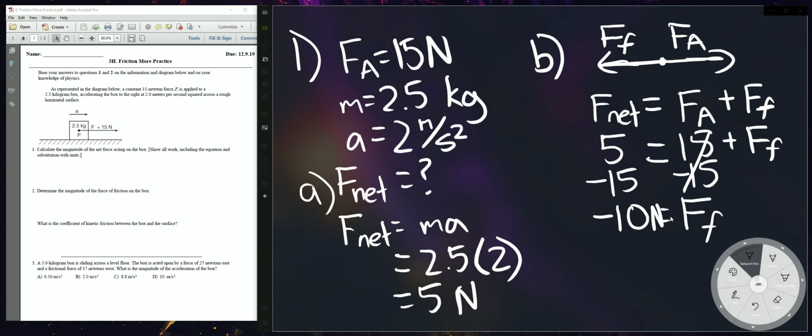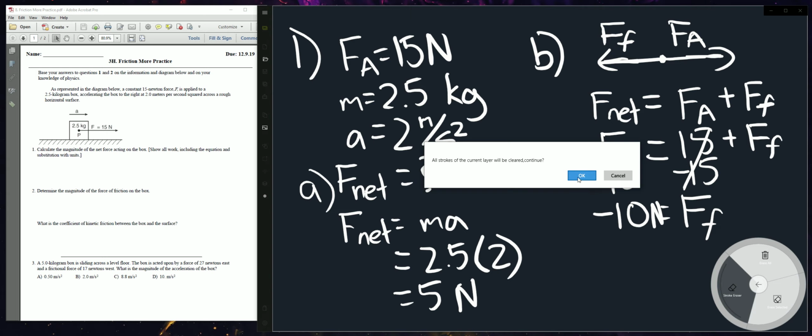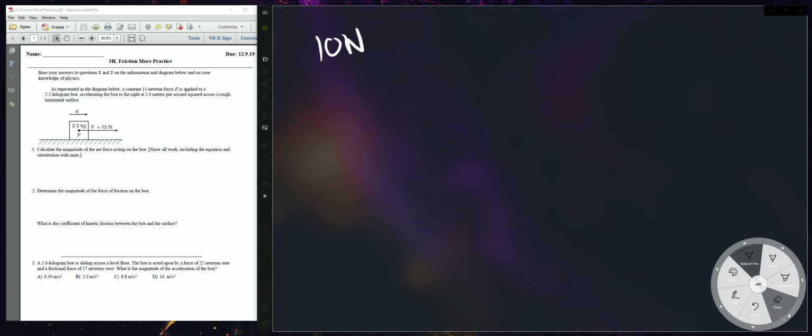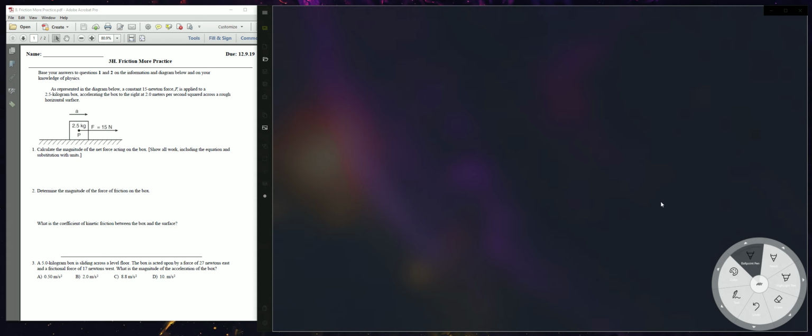And that is our frictional force, negative 10 newtons. It's asking you for the magnitude of force of friction, so it's just 10 newtons, because they only want magnitude. But it's good to get used to using your negative signs.